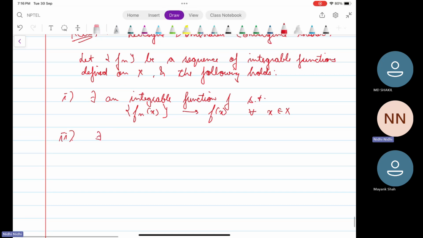There exists an integrable function. So in this case, we need some other dominating integrable function as well. Yeah, integrable means Lebesgue integrable.